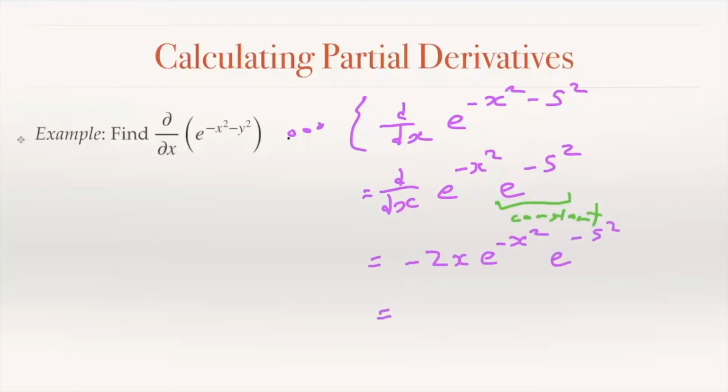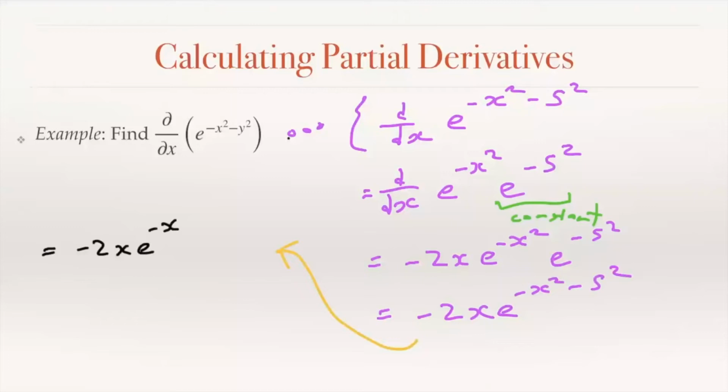And if we want, we can rearrange that as negative 2x e to the negative x squared minus 5 squared. So remember that 5 was just a substitute for y to help think of it as a constant. So we have negative 2x e to the negative x squared minus y squared.